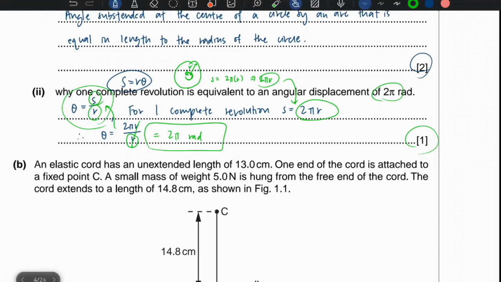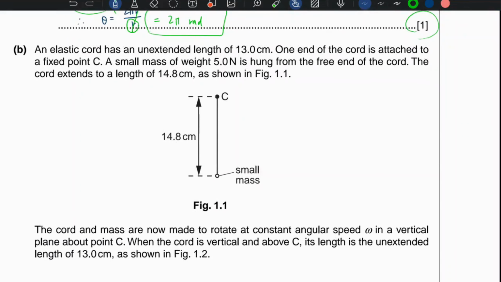Okay, now B. An elastic cord has an unextended length of 13 cm. One end of the cord is attached to a fixed point C. A small mass of weight 5 Newton is hung from the free end of the cord. The cord extends to a length of 14.8 cm as shown in figure 1.1.